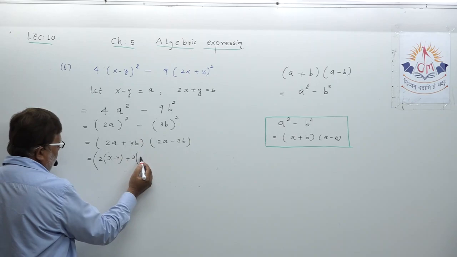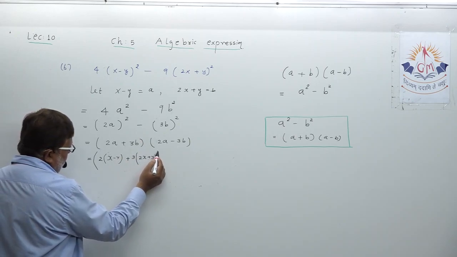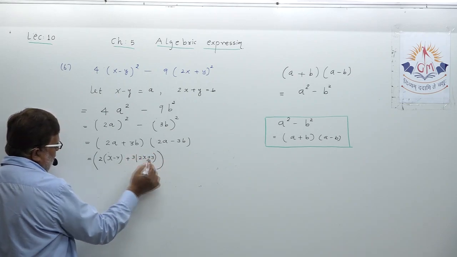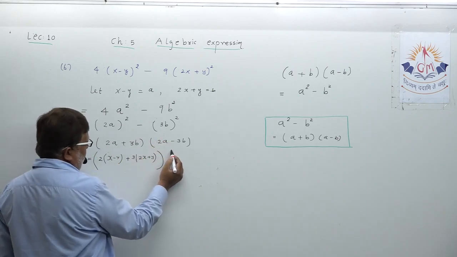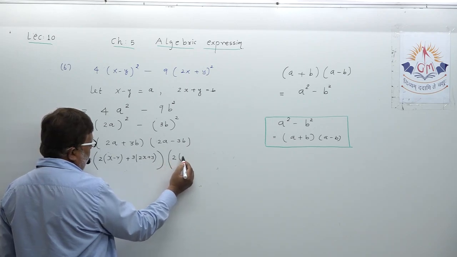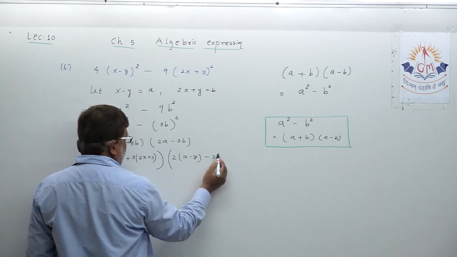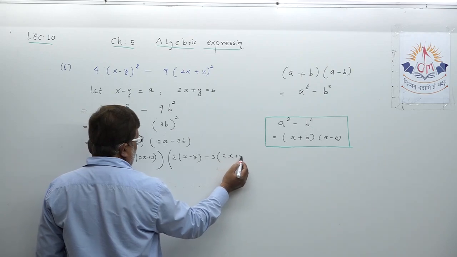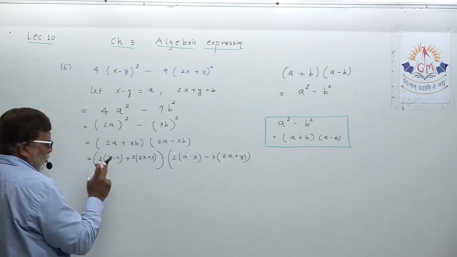In place of b, 2x plus y, bracket closed, main bracket closed. Okay. This is about the first bracket. Now think of the second bracket. 2 instead of a, x minus y, minus 3 instead of b, 2x plus y. Okay. Is it clear in your mind?